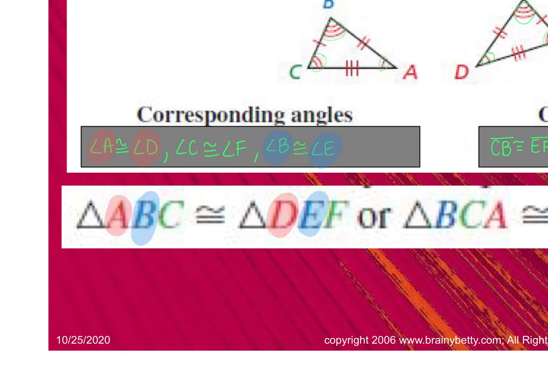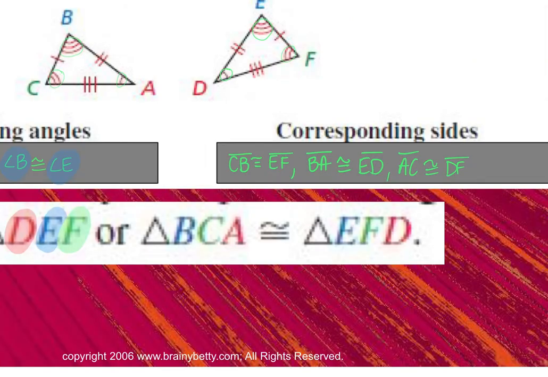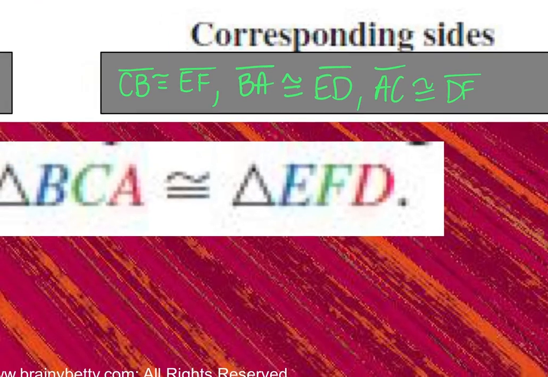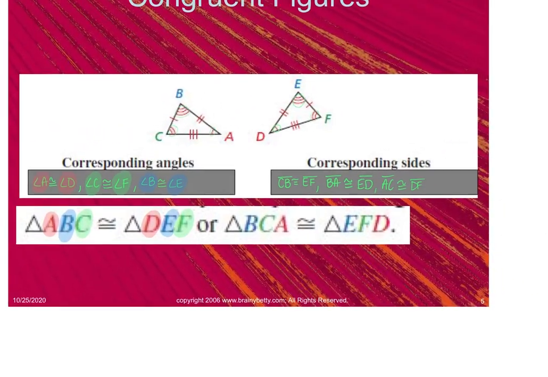And then lastly, C was congruent to F, so C and F come last. You could have put the first triangle in any other order. Take a look at it. We've got BCA, but you have to reorganize the second one if you reorganize the first one, okay? All of the angles need to match up.